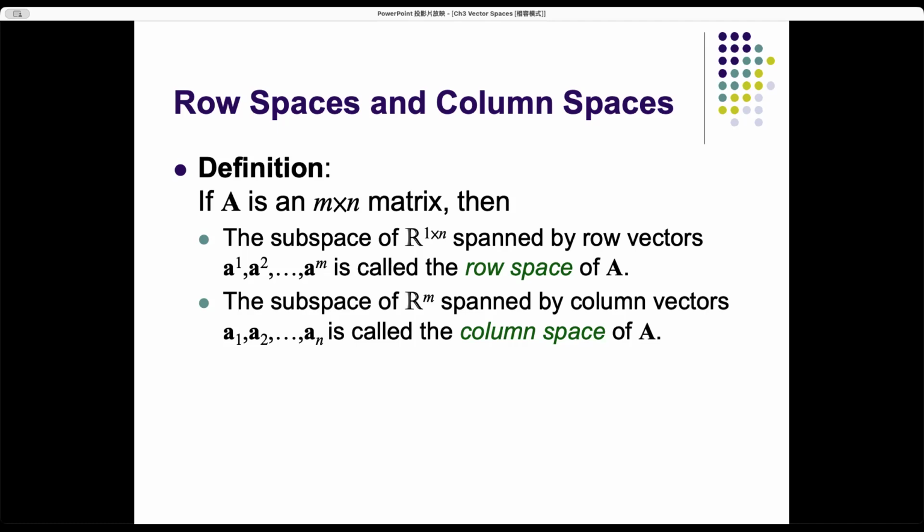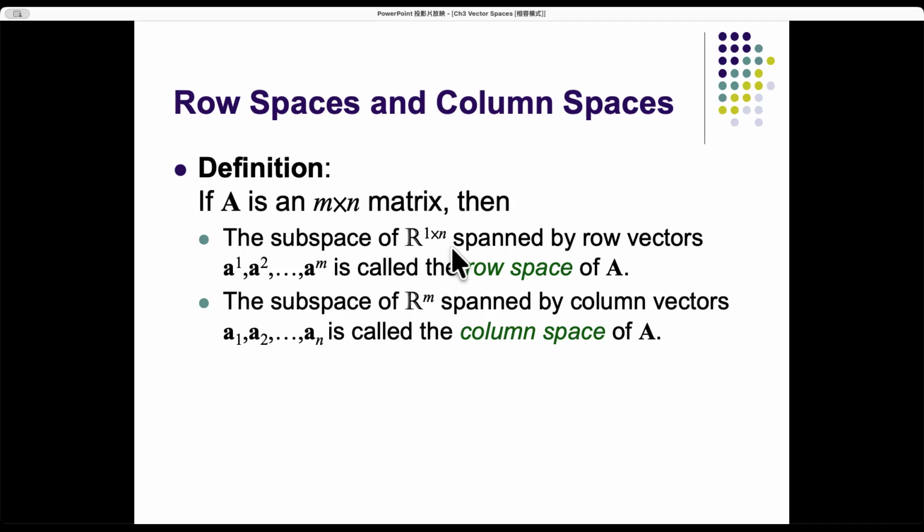The row space is like R^(1 times n), while the column space is R^m, because its vector elements are columns.